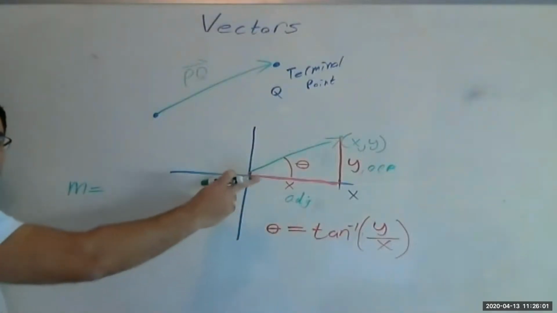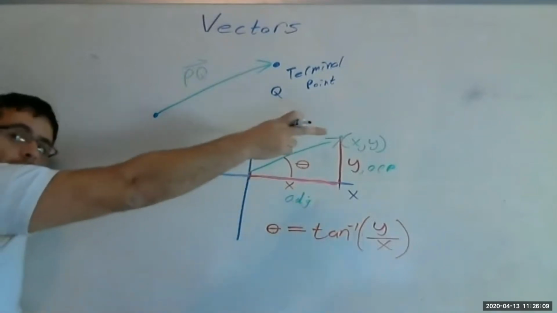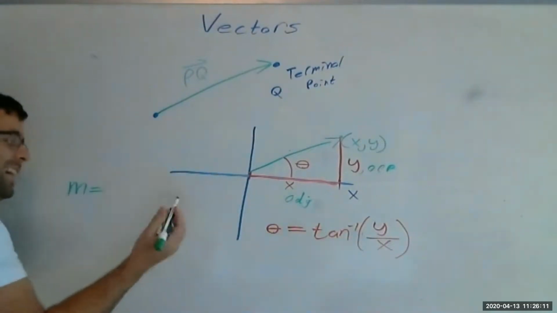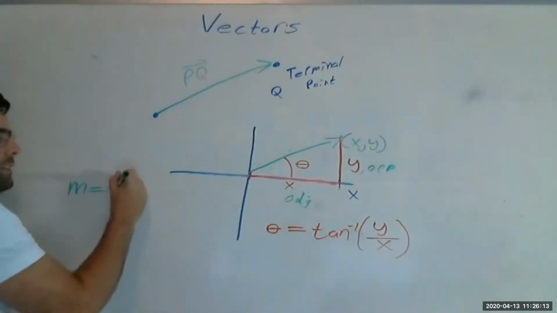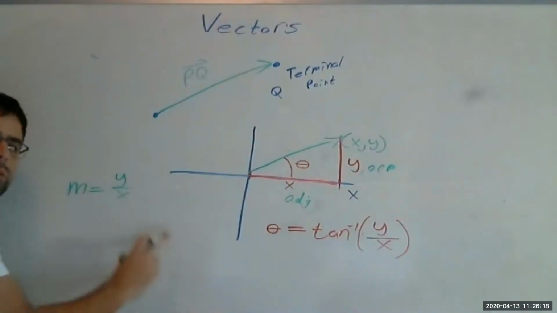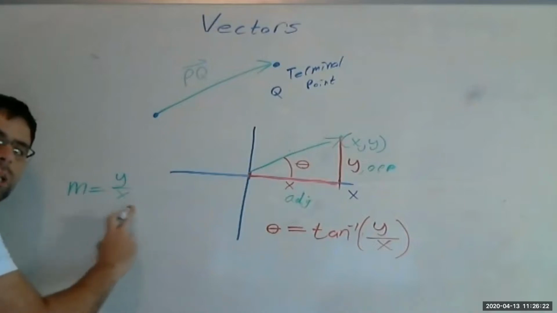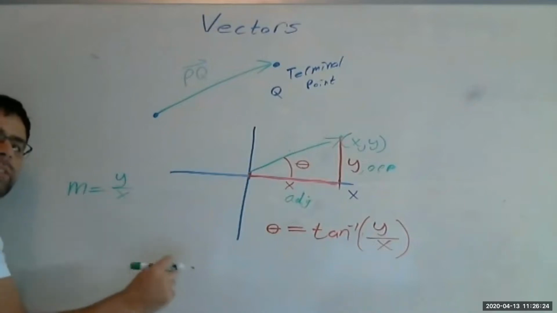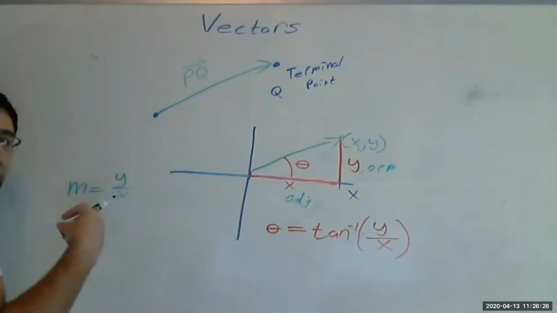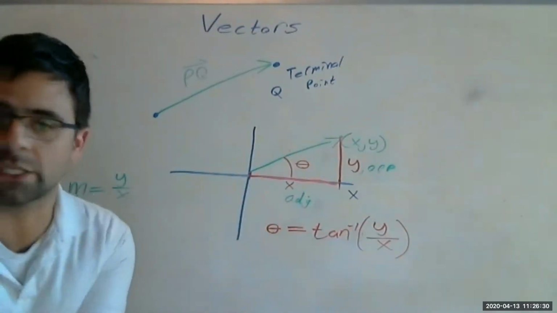Since it started at 0, 0, the change in y is just y, and the change in x is just x. So the slope of this thing is y over x. It's related to the slope. We would like it in an angle, because we like angles in this grade.